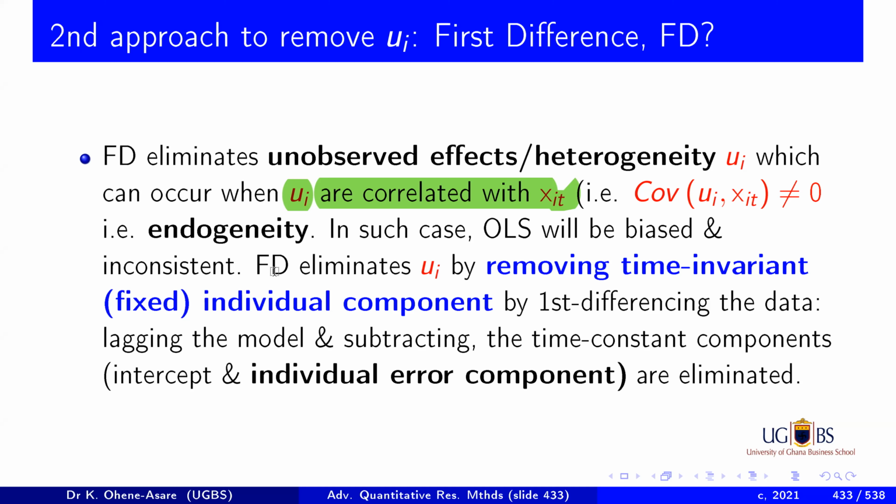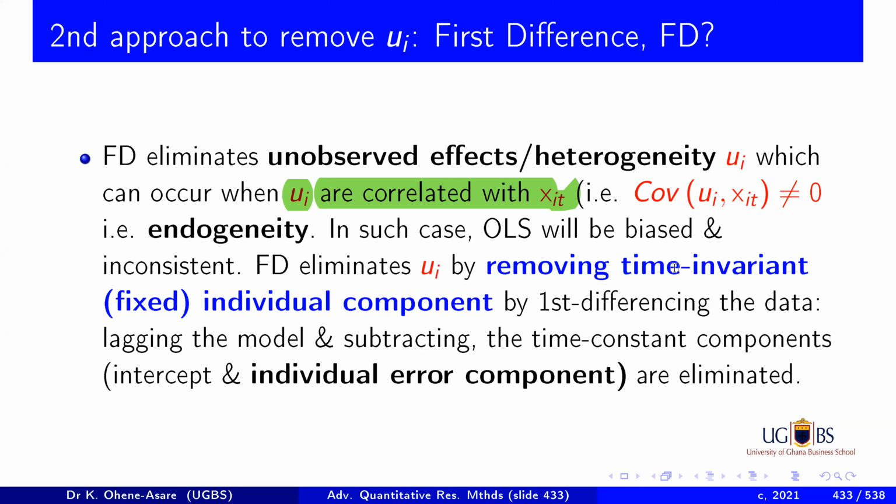So how does the first difference eliminate the u_i? Well, it removes all time-invariant individual-specific factors. I want to repeat that because this is the only thing that you need to understand here. What a first difference does is that anything that doesn't change with time, anything that is fixed over time, is removed.